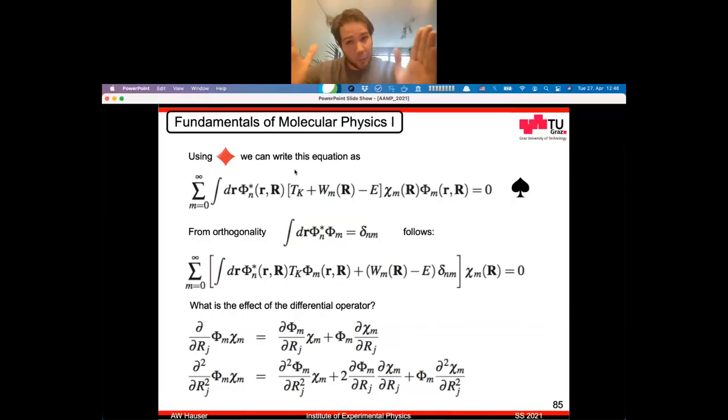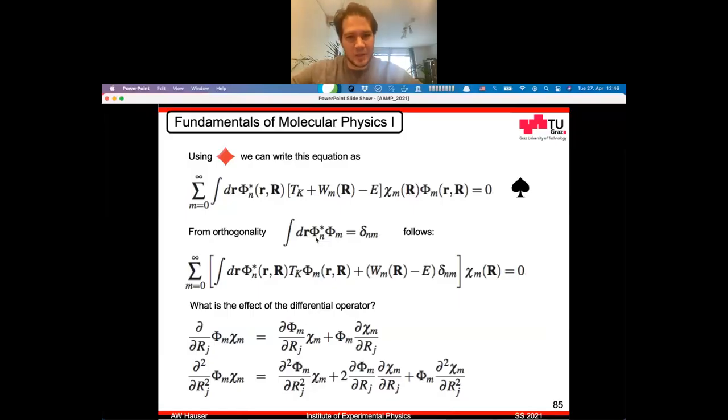But this equation that I'm working on right now is the Schrödinger equation for the total system. Now I'm taking advantage of the orthogonality of the electronic states, which tells me that if I'm doing a spatial integration of a product of my electronic wave functions n and m, then this gives me either 0 if n and m are different, or 1 if it's the same wave function due to the normalization that we request.